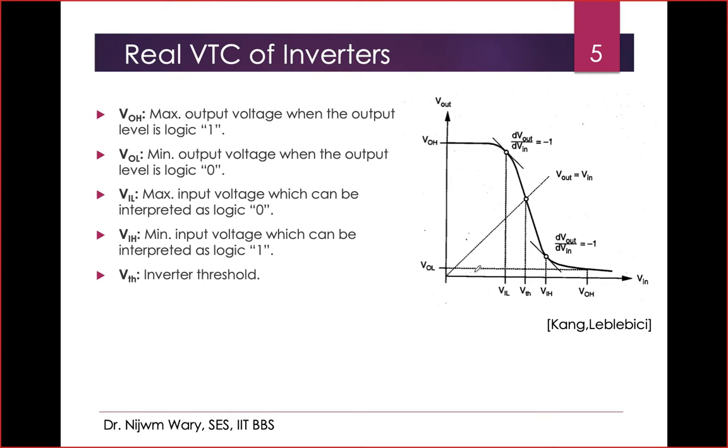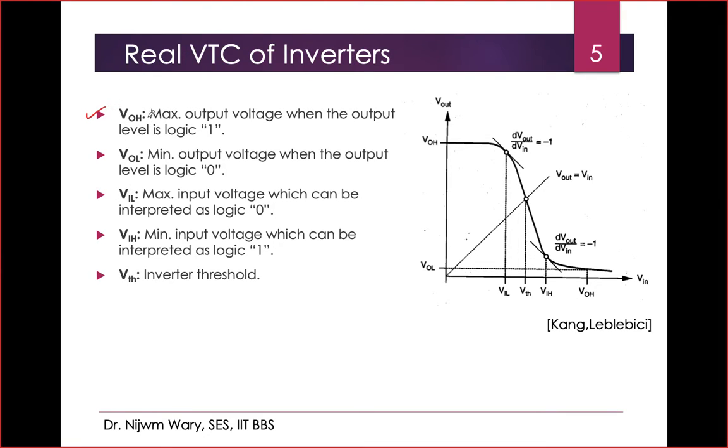So this is the VTC, or the voltage transfer characteristics, of all the different kinds of inverters. So here we have these five parameters that we are supposed to check to decide whether it's a good inverter or a bad inverter. So what are these five parameters?